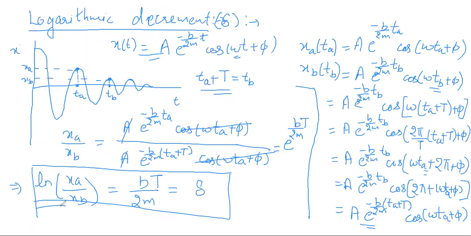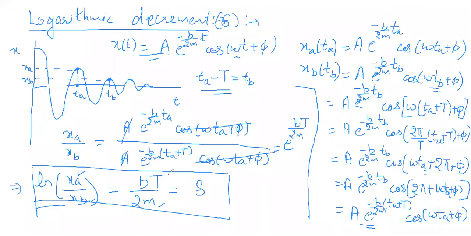Now, if you look at this expression over here, your logarithmic decrement between these two amplitudes is a constant because your b is constant, it's a damping coefficient, the mass of the object is constant, your time period is also constant. So if you take any two consecutive amplitudes and take the natural logarithm of their ratio, that is always going to stay constant.